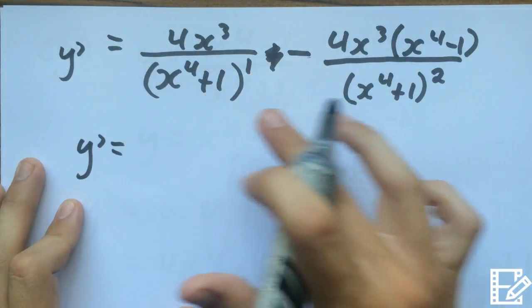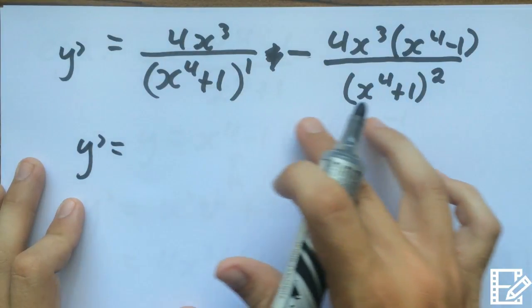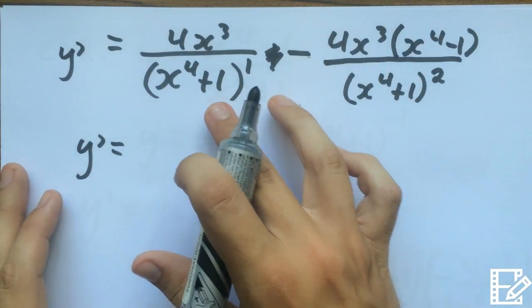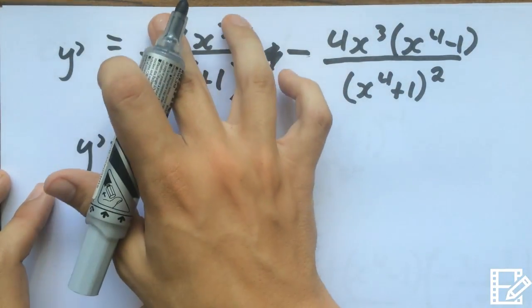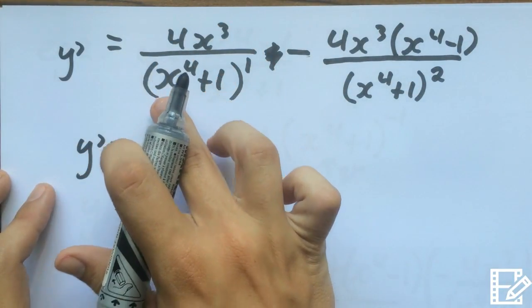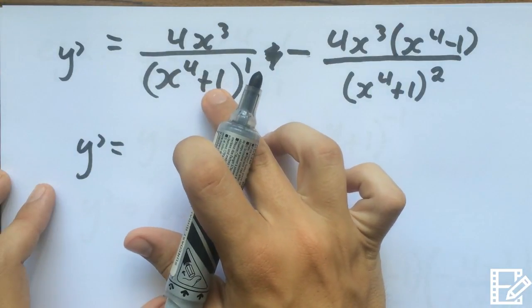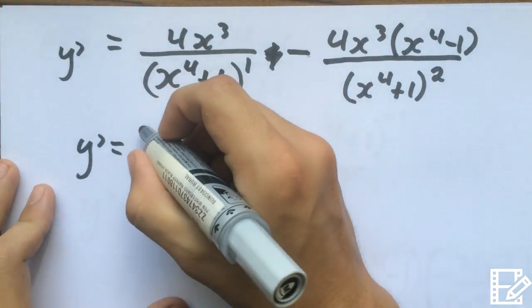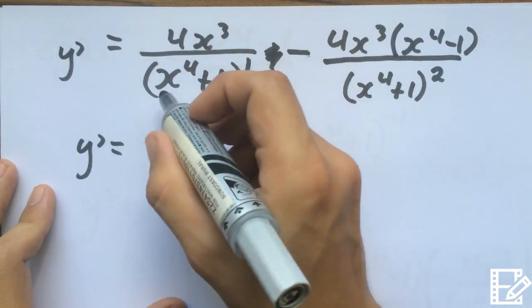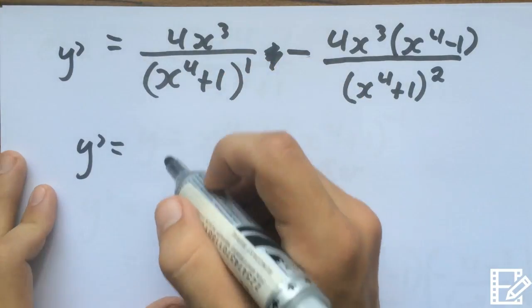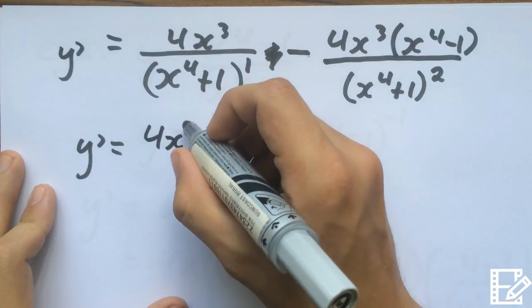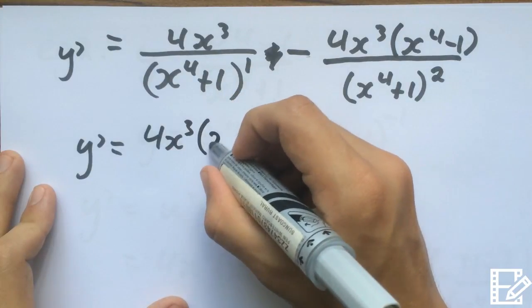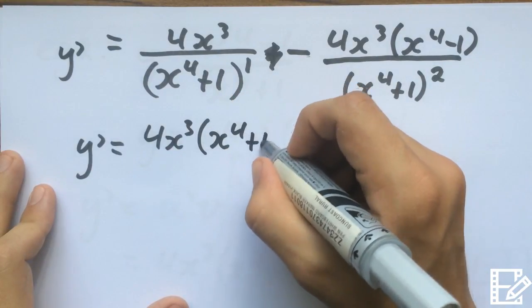If we want these two to have the same denominator, what we're going to have to do is multiply the bottom and the top of this side by x to the power of 4 plus 1. I'll show you what that looks like. If we multiply this side by x to the power of 4 plus 1, we get 4 multiplied by x to the power of 3 multiplied by x to the power of 4 plus 1.